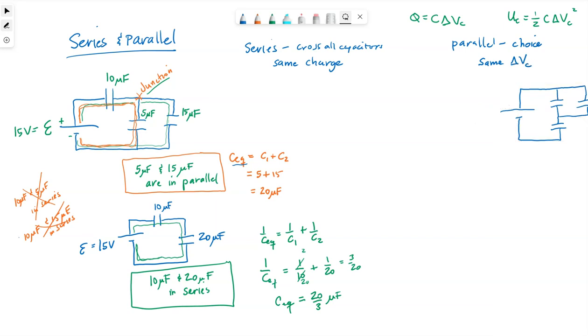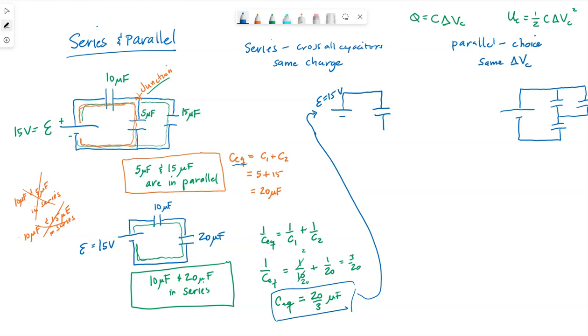Okay, what I mean now when we get this equivalent capacitance, that means this original circuit I drew with the 15-volt battery could have had just one capacitor attached to it, theoretically anyway, if that capacitor had a capacitance of 20/3 microfarads.